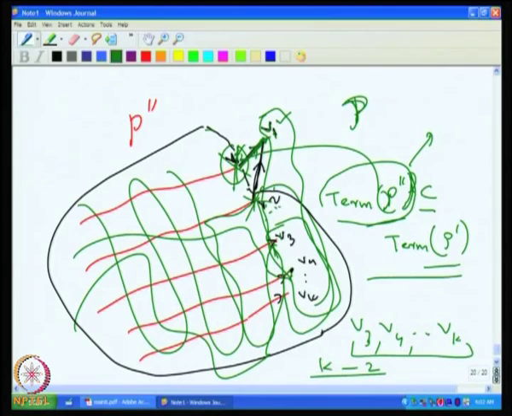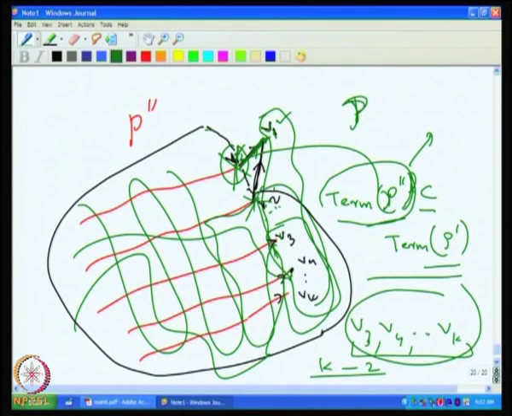So, the cardinality of the path cover itself cannot be more than k minus 2, right. So, now what I would do is I could simply add V1 as a singleton path along with this path cover P double dash, and that will make a path cover for the original graph G.